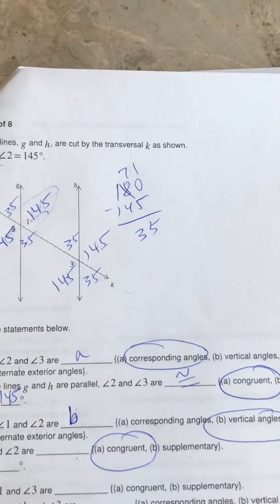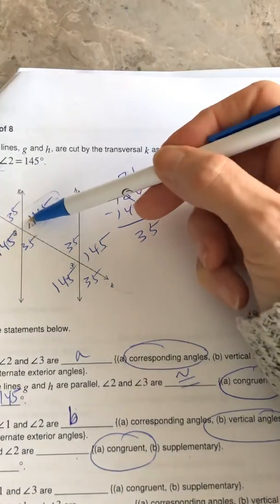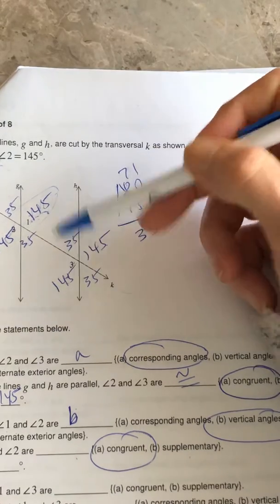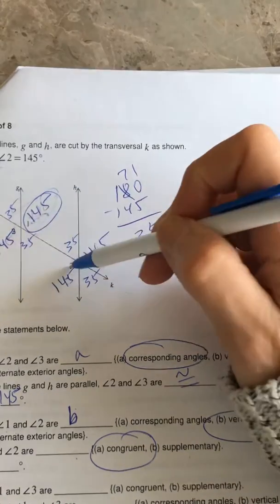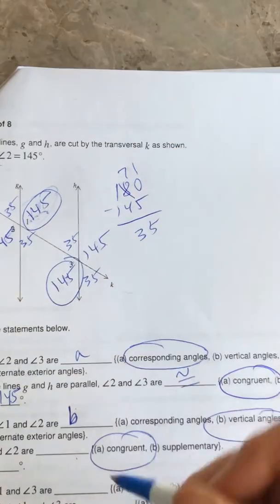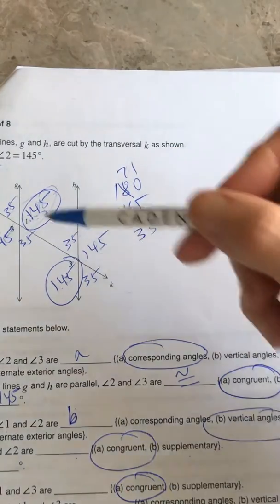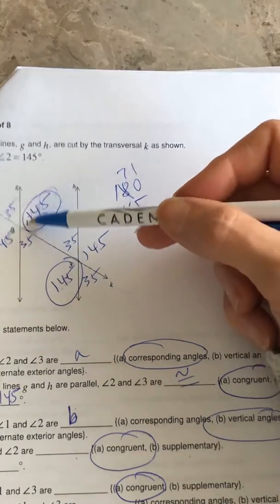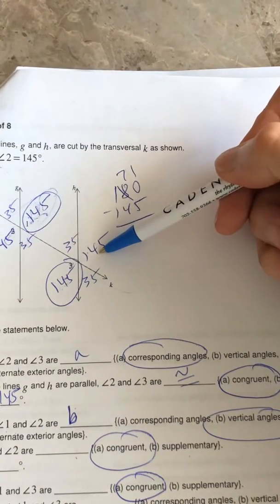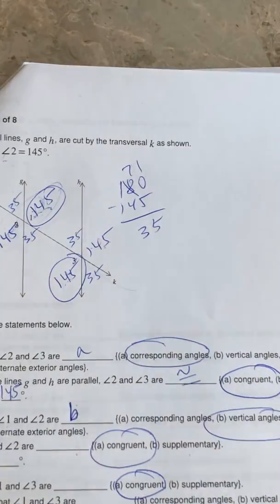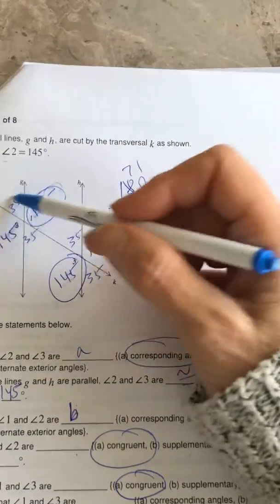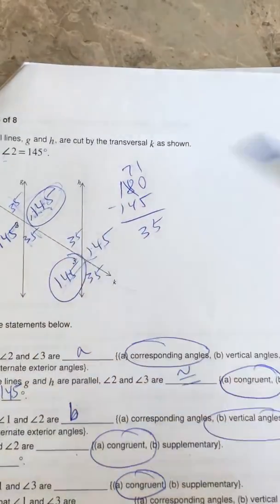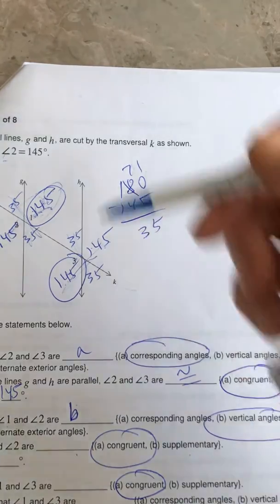They are congruent. Therefore, angle 1 and angle 3. Look at angle 1 and look at angle 3. They're the same. That means they are congruent. But they're congruent because, why? They're not corresponding because they're not in the same spot. They're not vertical. Alternate interior or alternate exterior?